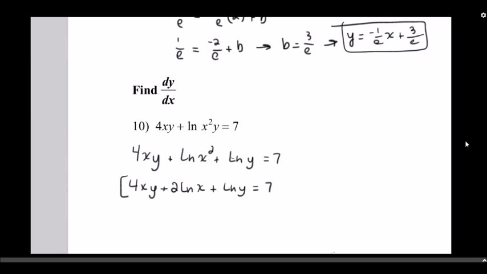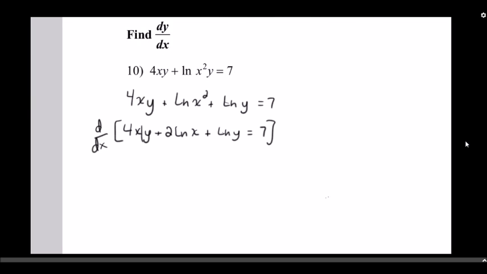Now when we take this equation and differentiate with respect to x, that has to happen to every single piece here. This first piece is a product, 4x times y, so we're going to have to use the product rule. If we think about this as an f function and that as a g function, then we need f prime g plus g prime f.